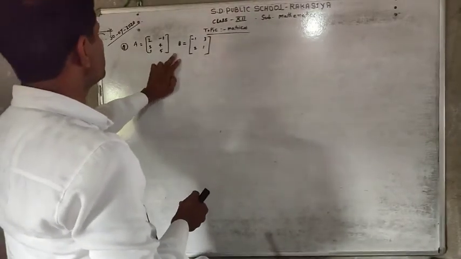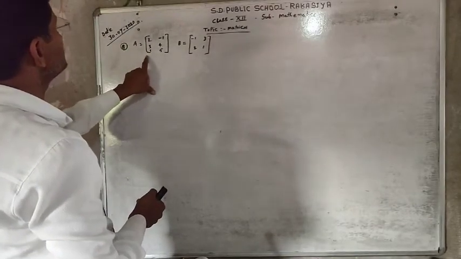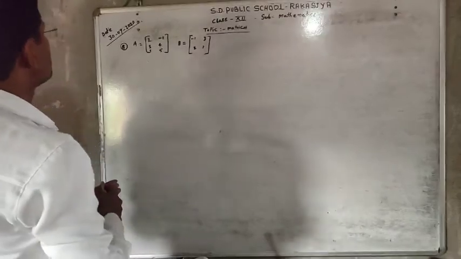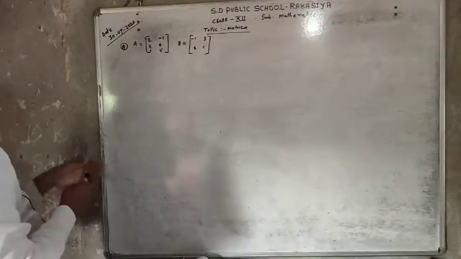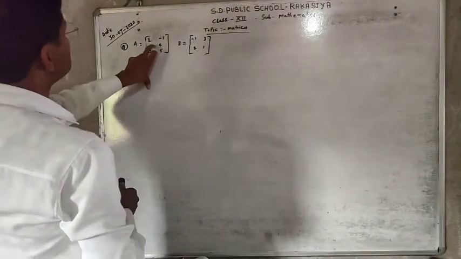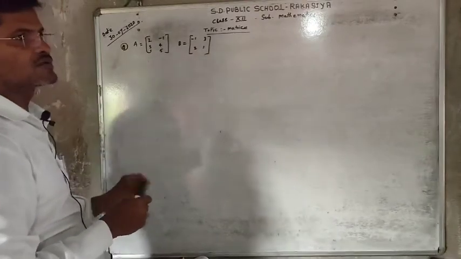For the product AB, the number of columns of matrix A must be equal to the number of rows of matrix B. Now observe that the number of columns of matrix A is equal to 2 and the number of rows of matrix B is also equal to 2.